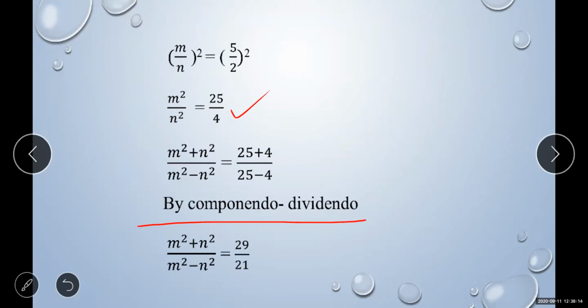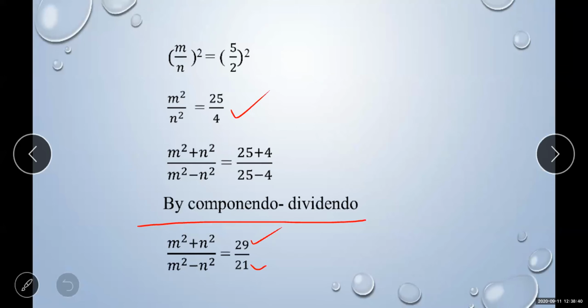Means m square plus n square upon m square minus n square. The same componendo dividendo on the right side, 25 plus 4 upon 25 minus 4. So m square plus n square upon m square minus n square is equal to 25 plus 4 is 29 upon 25 minus 4 is equal to 21.